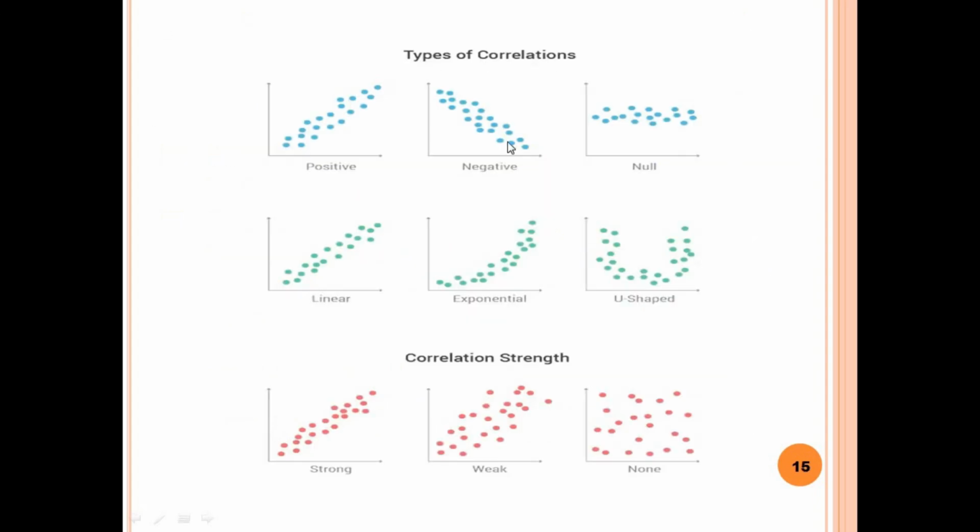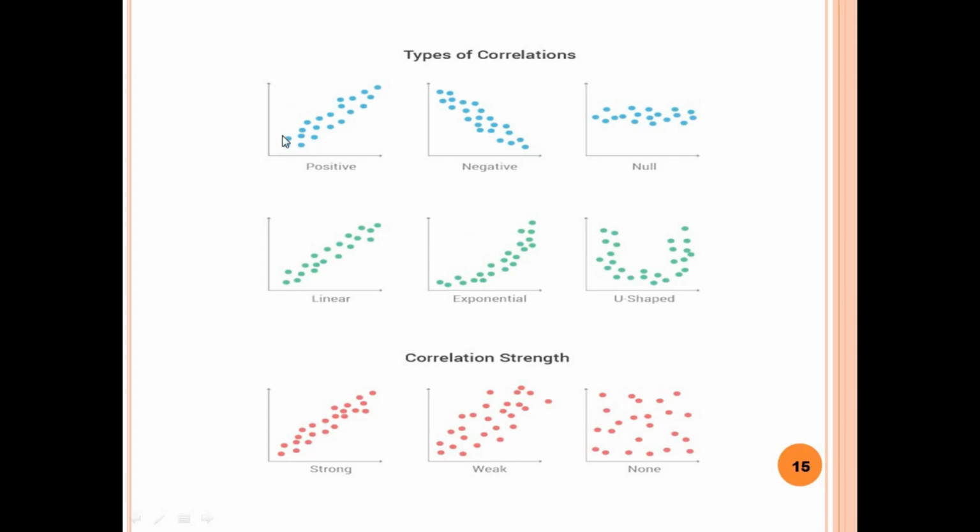Here you see the types of correlation with the help of the scatter diagram method. The first diagram is positive and the second one is negative correlation. This is null. This is linear correlation, this looks like exponential, and this is U-shaped.